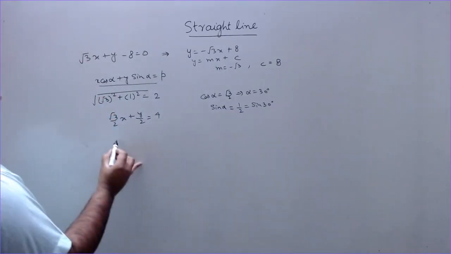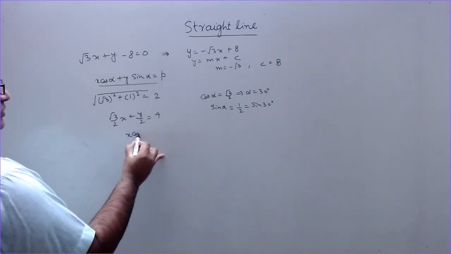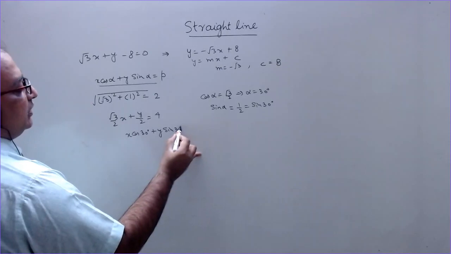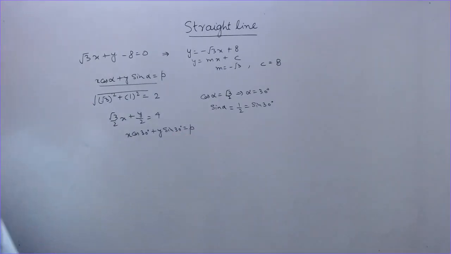So the equation becomes x cos 30 plus y sin 30 is equal to p. The length of the normal drawn from the origin onto the line is 4 units. So this is how you can write the normal form of the equation.